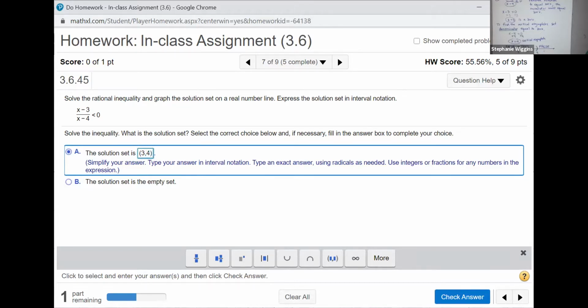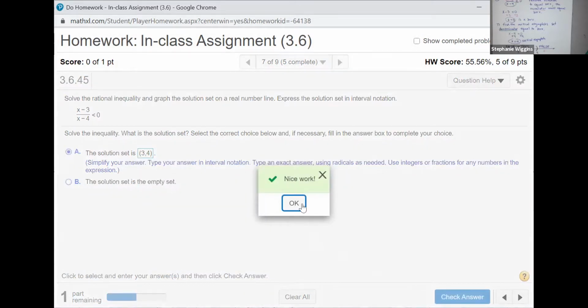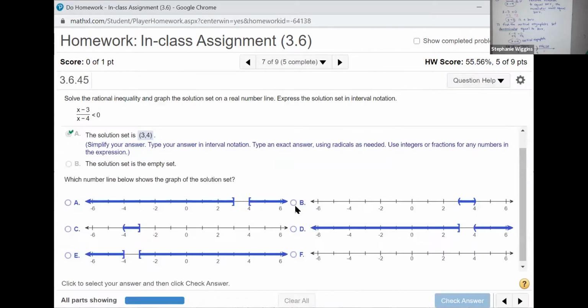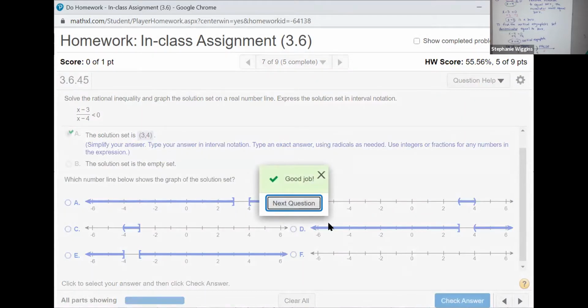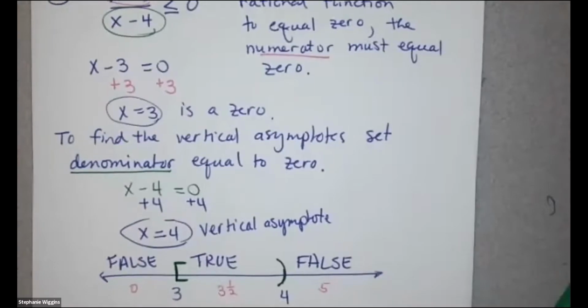But if it's less than or equal, then I would have made this square. Okay, and then the graph is right here. Okay, any questions on that one?